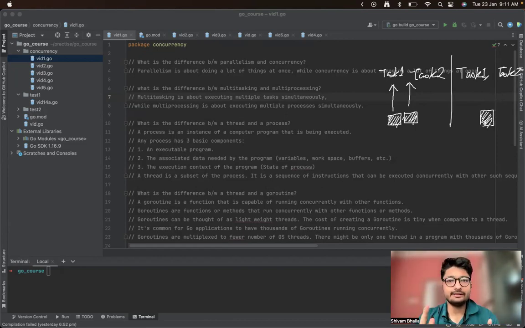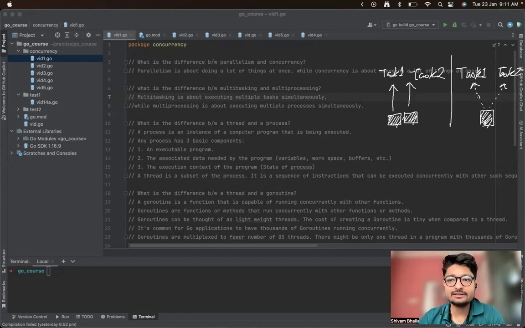You have to work concurrently. The processor is really fast, so it switches very fast. It will either do task one or task two, but it will juggle around. You have seen jugglers who juggle different balls. That is what concurrency means.